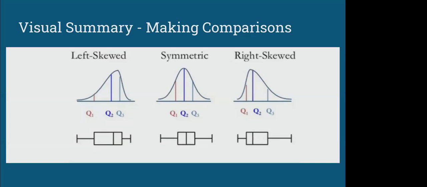Okay, so if it is a symmetric distribution, we know we can split it down the middle and the left side is going to look like the right side. And in a box plot, you will see the same thing. You will see the median, you will see the whiskers are about the same length.